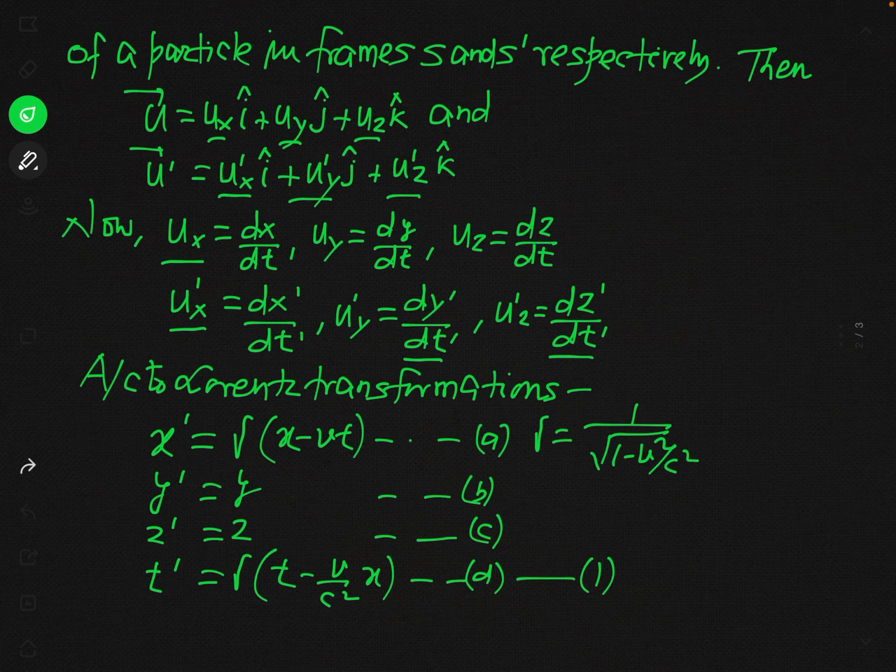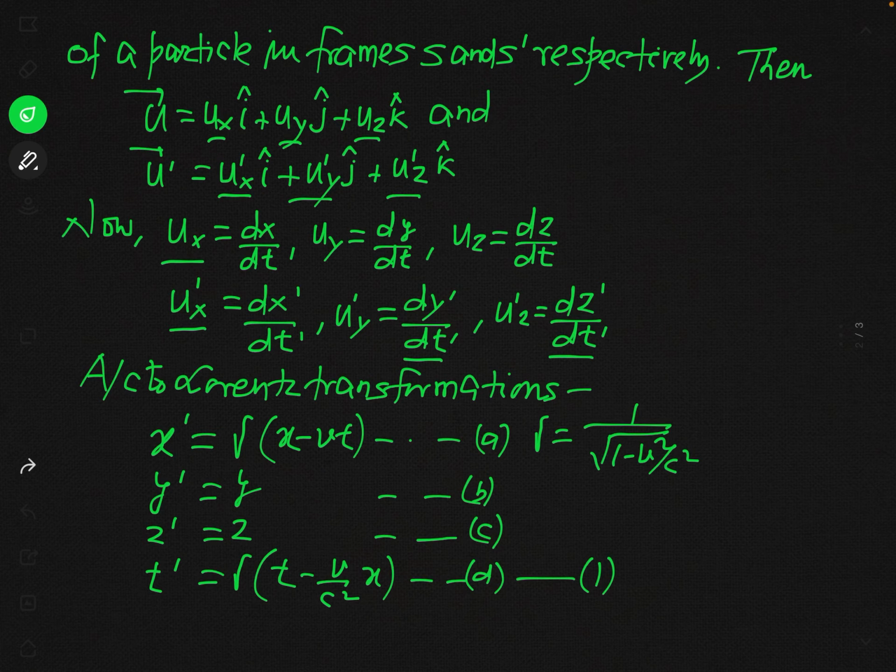Now we will transform the velocity components from one frame to another by the use of the Lorentz transformation equations. In the previous lecture we studied the Lorentz transformation, its derivation and explanation in detail. So remember the results of the previous lecture: x prime is equal to gamma times (x minus vt).